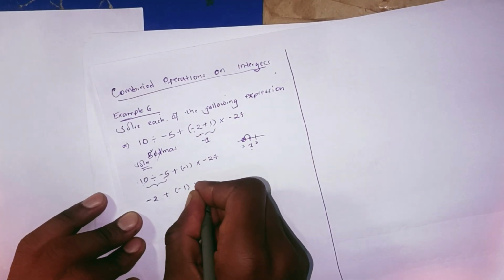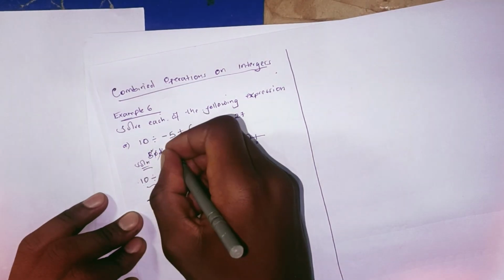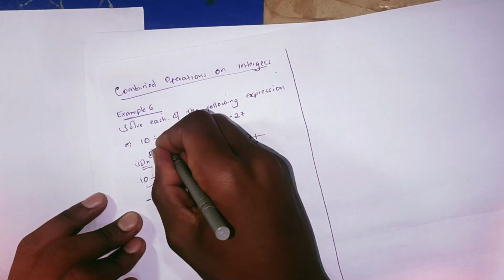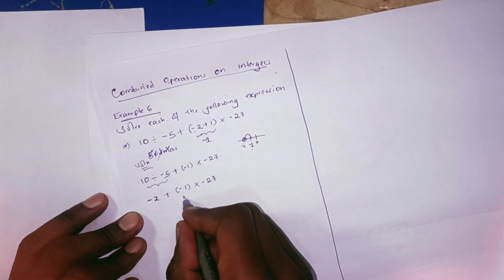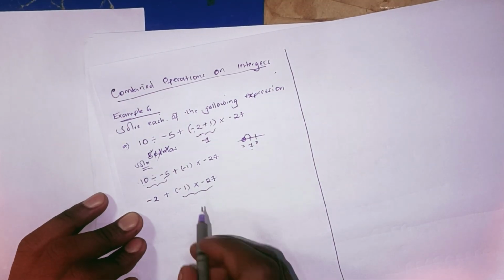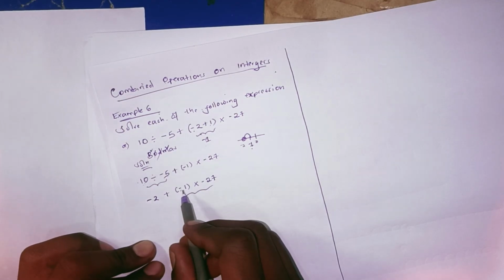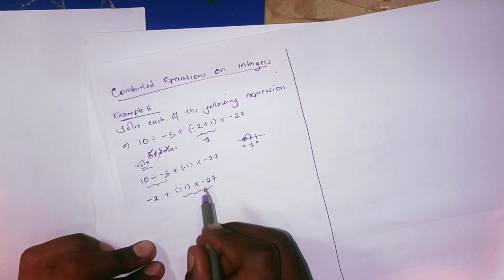Then I'll go through multiplication. Multiplication is dealing with these two, negative 1 times negative 27. What do you get?